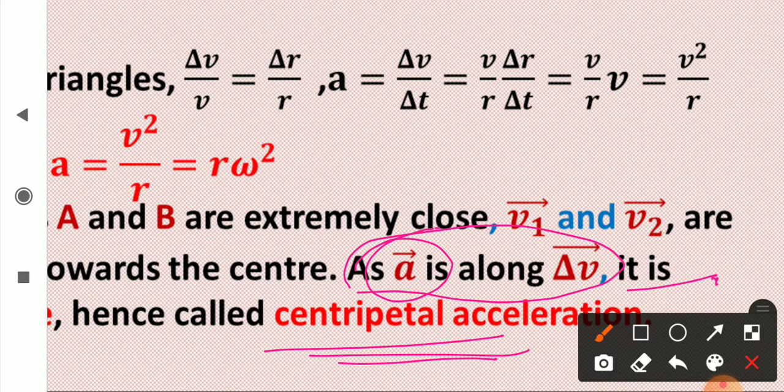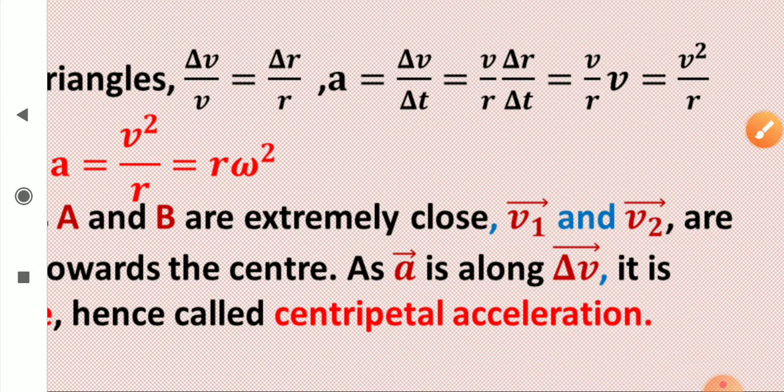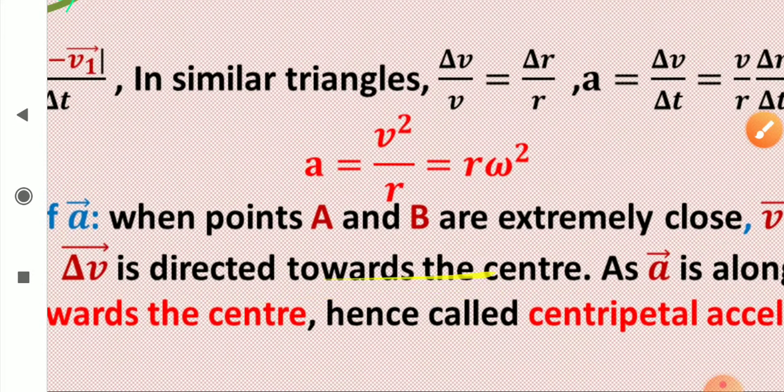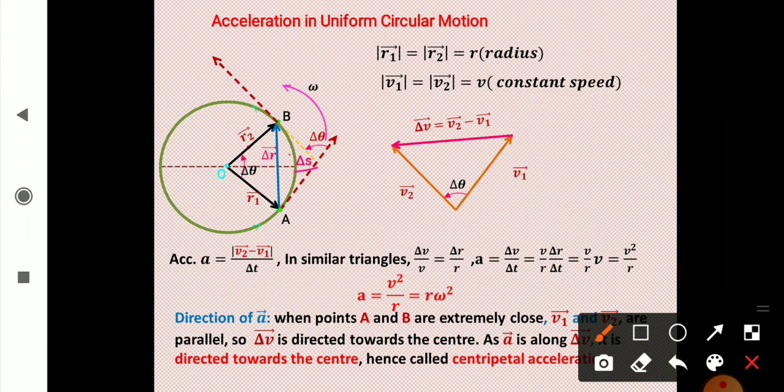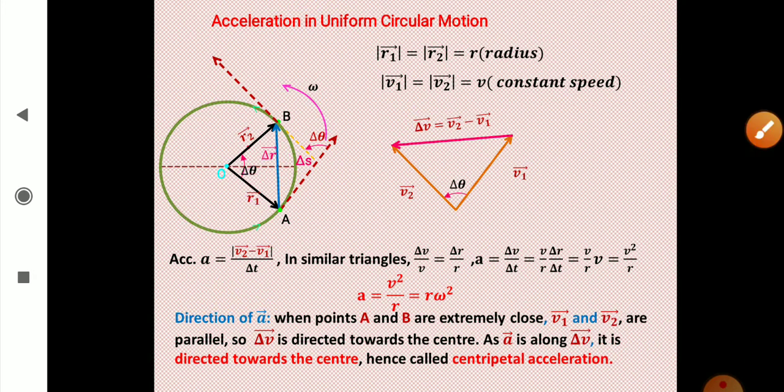ये जो वेक्टर है आपका वेक्टर एक्सेलरेशन का वेक्टर है, इस एक्सेलरेशन को कहते हैं सेंट्रीपिटल एक्सेलरेशन. So acceleration in circular motion is towards the center. So it's a very important outcome from here.